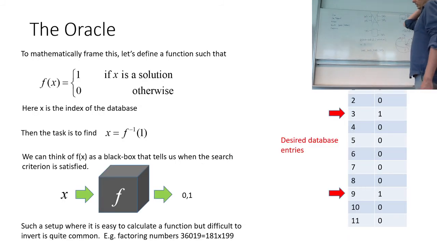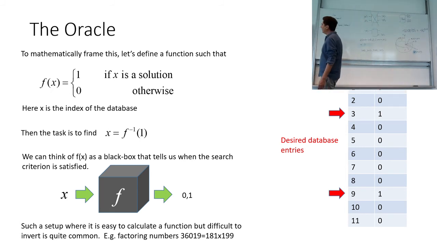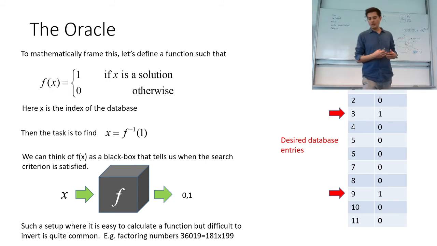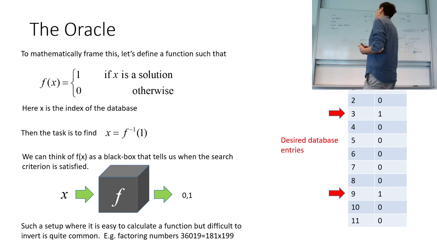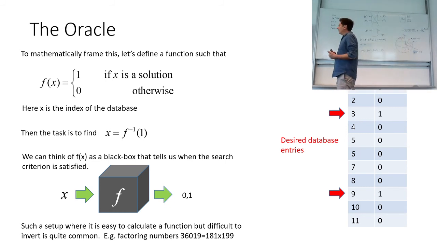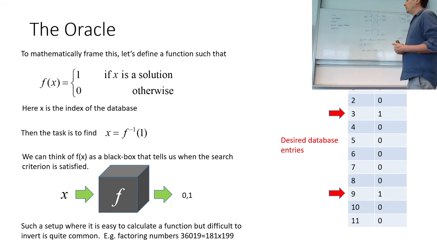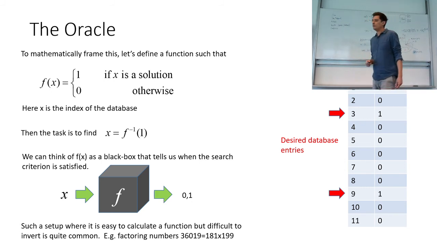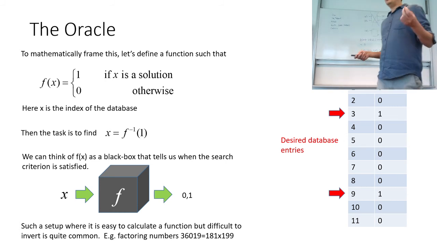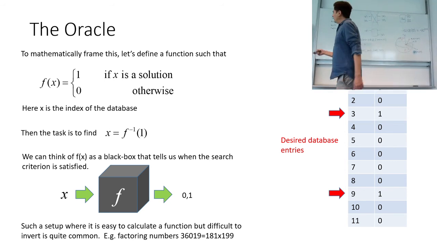Okay, so let's more mathematically frame this problem. We've already encountered the oracle. We actually had something like that already in Deutsch's algorithm, so we can reuse a little bit of that stuff. But in this case, the oracle is going to be something that basically tells us whether it's the element that we're looking for or not.